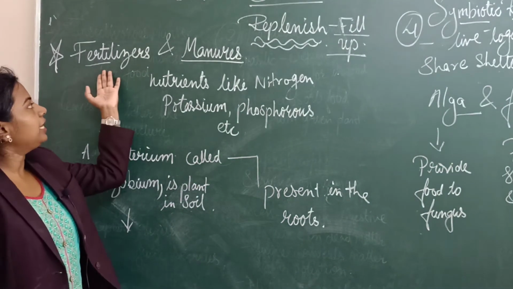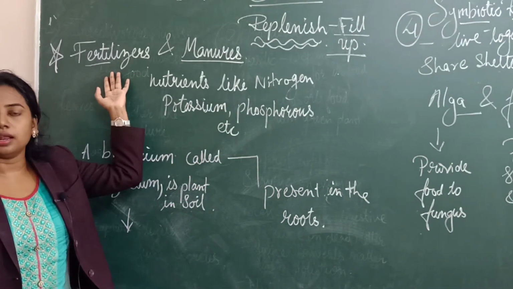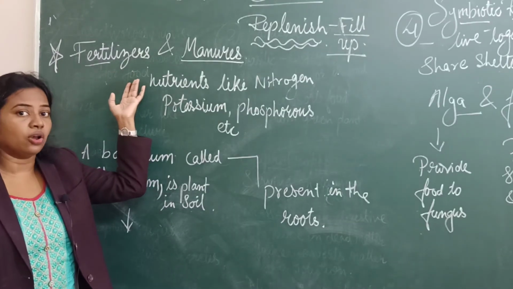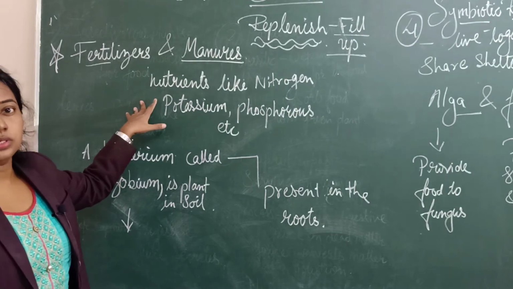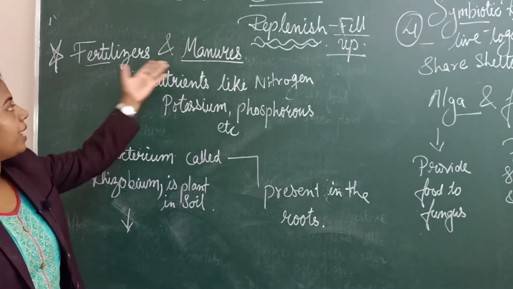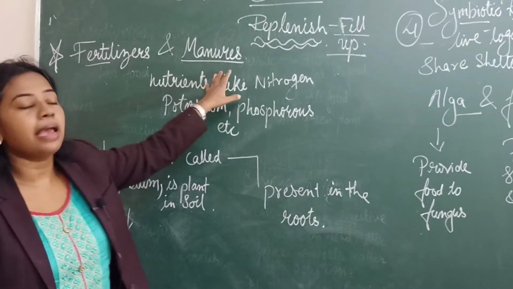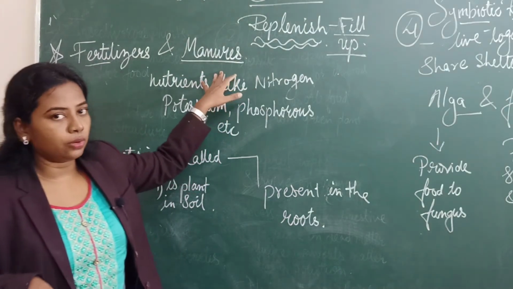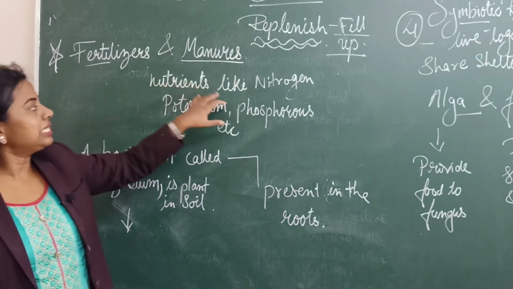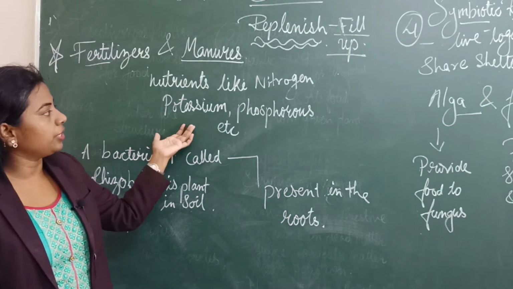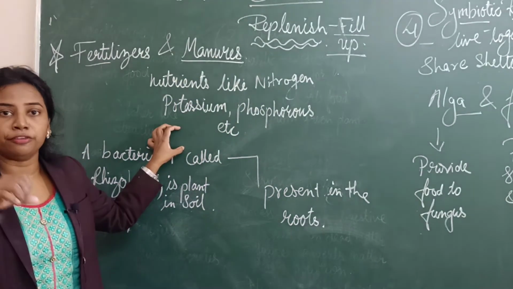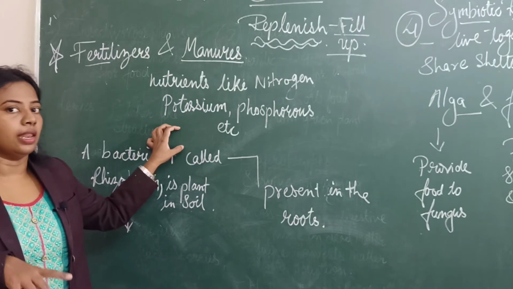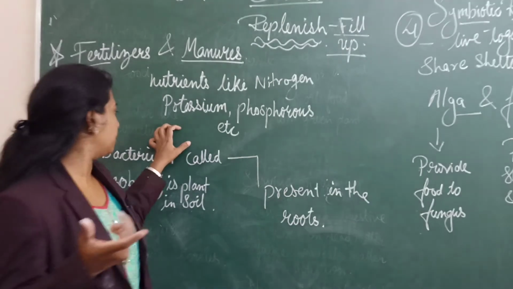Fertilizers, as I told you, are available in the market, and those are inorganic. We can make it organic also, by decomposers, cow dung, and manures, adding fertilizers and manures into the soil. Nutrients like nitrogen, potassium, phosphorus, etc. are all beneficial for the soil and the good growth of a plant.